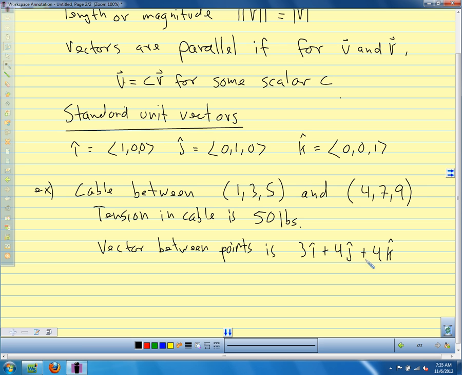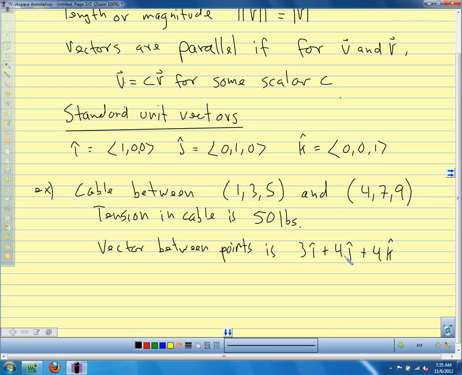What's contained in this vector that I don't want in there? The magnitude. This vector has a magnitude that's the length of this vector. So if I find a unit vector in the direction of this vector and I multiply it by the tension in the cable, that's going to represent the force in the cable and the direction of that force.